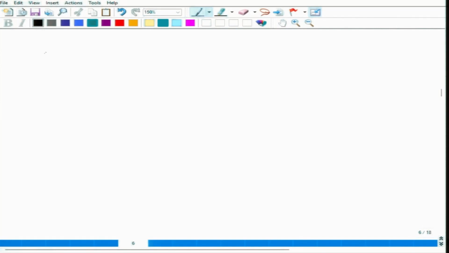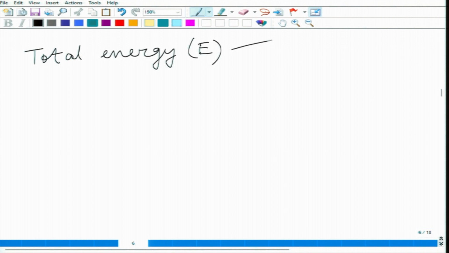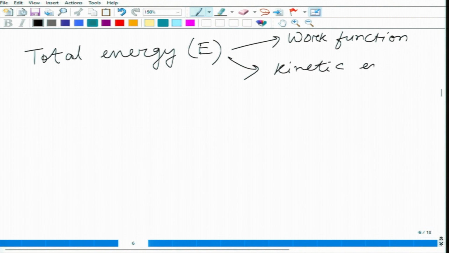So if the total energy is E, then E equals W naught plus KE.